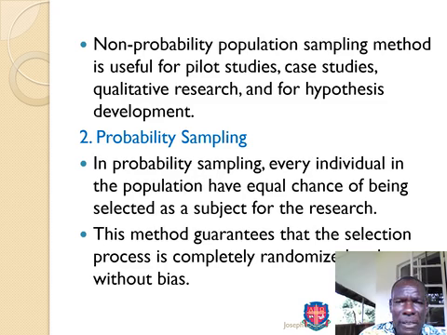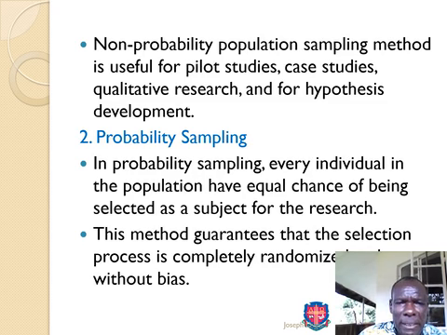If you want to do detailed studies to prove hypotheses and to be representative of the population, then you have to do the probability sampling techniques. That we are not going to do in detail today.